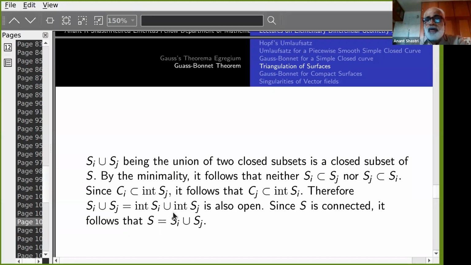So I don't need the boundary part, which means I have written the entire union as a union of two open sets. Therefore, it is open also. If something is open as well as closed and non-empty, then it must be the whole space because S is connected. So we have proved that the entire surface is covered by only two surface patches.